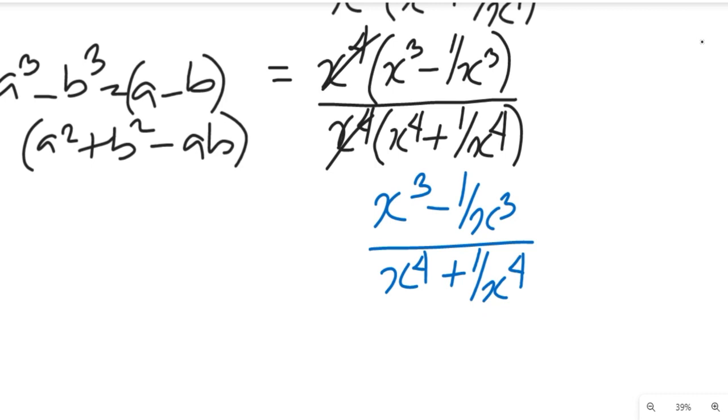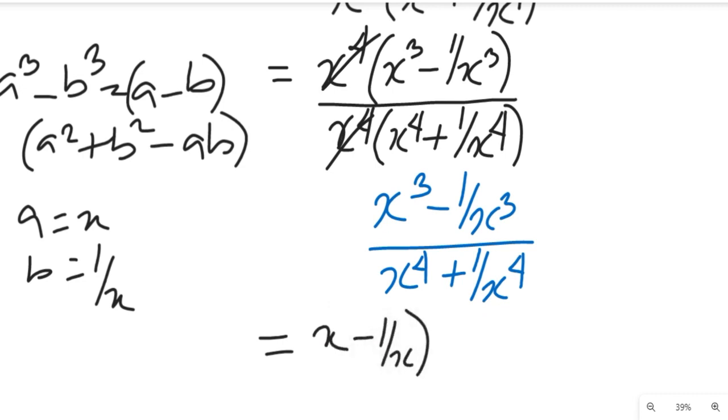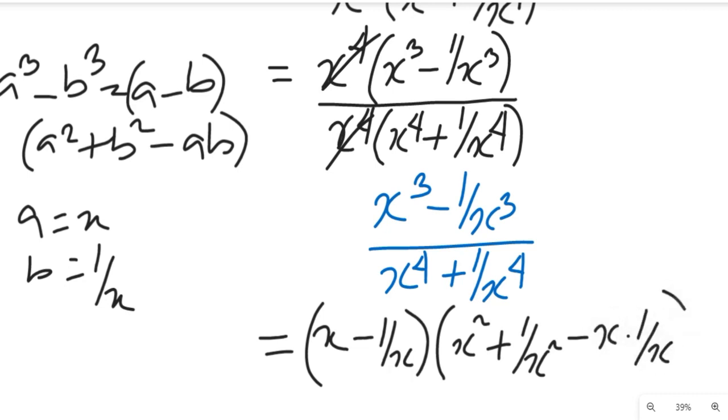So if we put that into the numerator of this expression, remembering that our a is equal to x and our b is equal to 1 divided by x, we're going to have x minus 1 divided by x, right? While the other part will have x squared plus 1 divided by x squared, plus x multiplied by 1 divided by x.